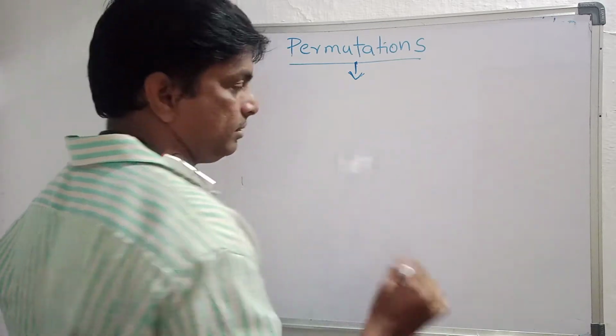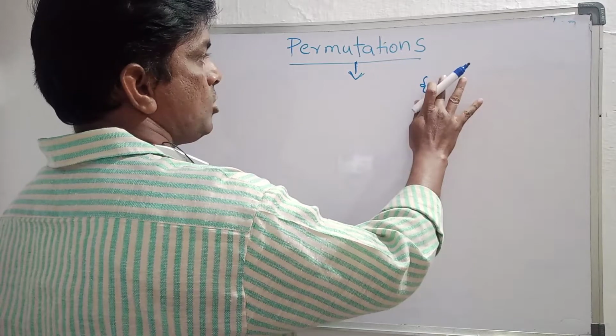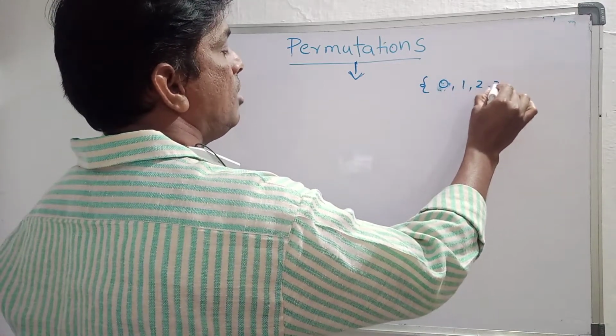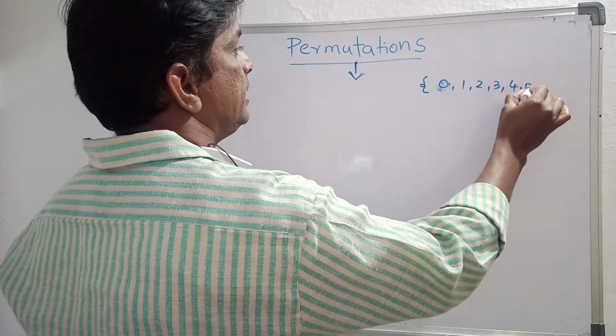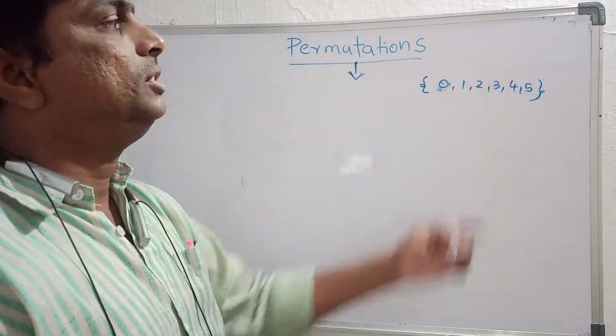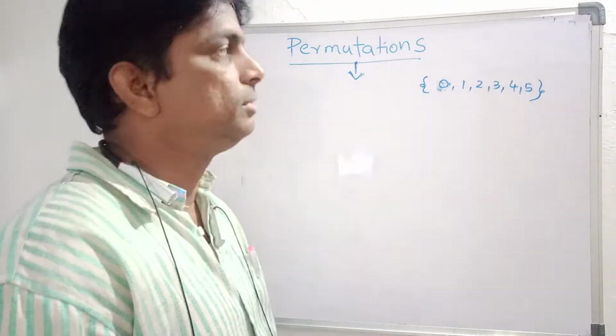Now the problem is, let's suppose here I have 0, 1, 2, 3, 4, 5. Total 6 numbers are available, 6 whole numbers.